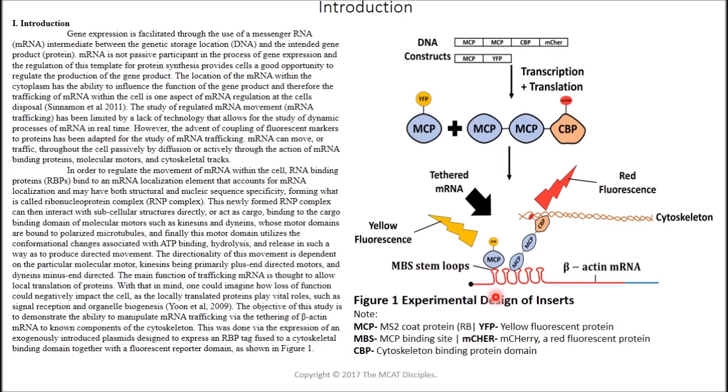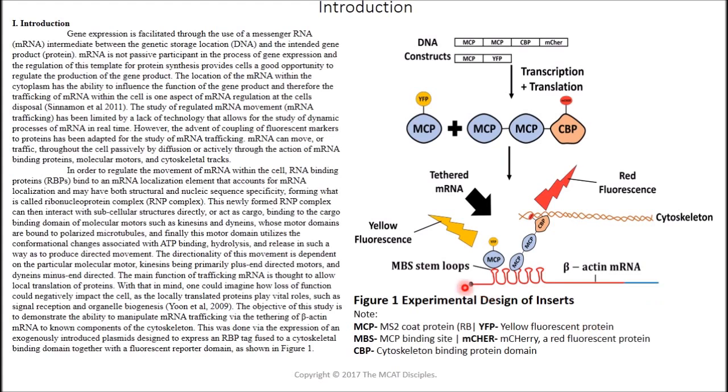So that tells us whether beta-actin mRNA is present and whether or not it's moving, right? So the idea is that this MCP-YFP will bind to moving beta-actin mRNA and fluoresce and tell us that it's moving. And this construct here, the MCP cytoskeletal binding protein, will bind to beta-actin mRNA on one end, and on the other end bind to the cytoskeleton and stop the movement. So that was what I had to do.